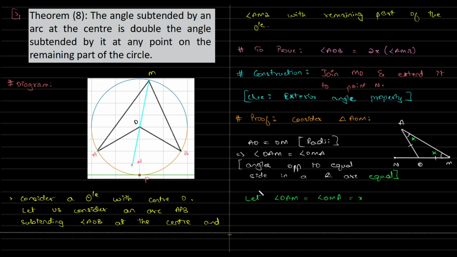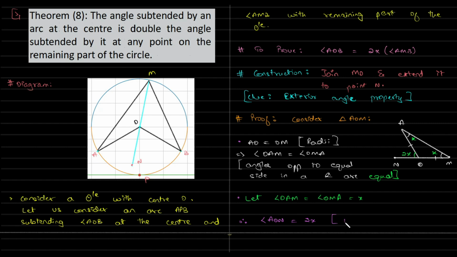Okay, what is the point of doing all this? See, the thing is, we are trying to establish a relationship between AOB and AMB. So AON is part of this whole thing. And this is equal to, as you can see, 2x. But why is it so? Therefore, angle AON will be equal to 2x.